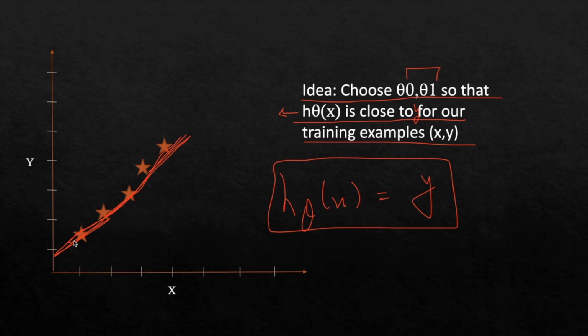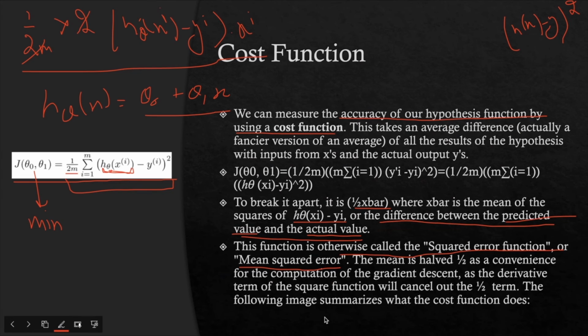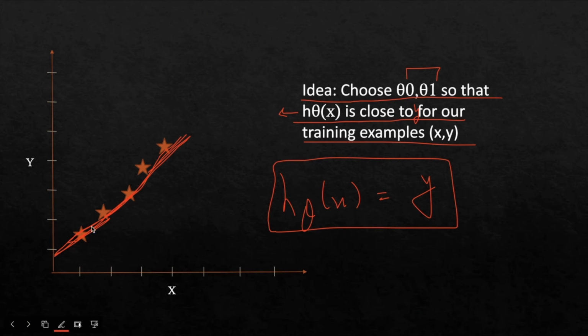So this will be used here, the image which I was talking about earlier. What the cost function does is it generates such a line. This is not accurate, I know, but it will be a little bit accurate.